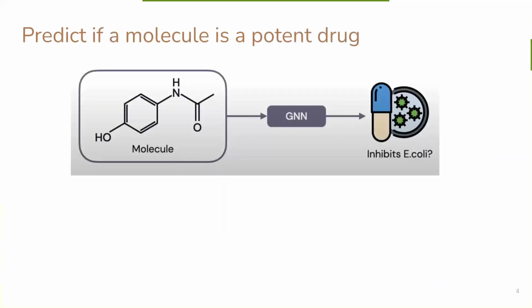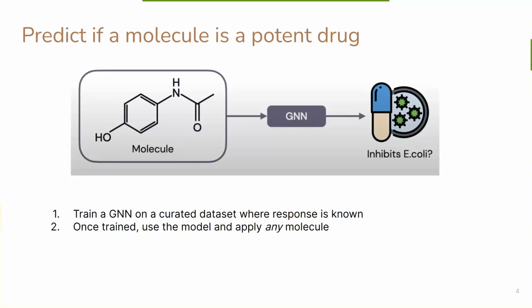So now, for this slide, we can take the example where we have a molecule which has been represented as a graph. And now we're going to train a graph neural network to perform a binary task, which is to predict whether a molecule will inhibit a given bacteria. For this, we start with a curated data set of molecules with known outcomes, that is, whether it will inhibit E. coli or not.